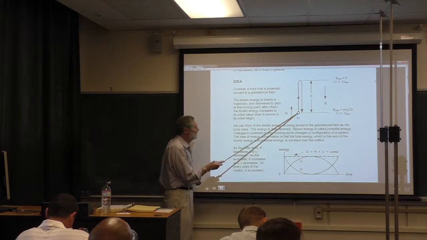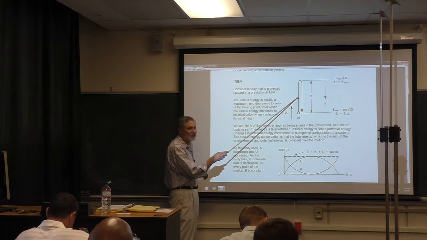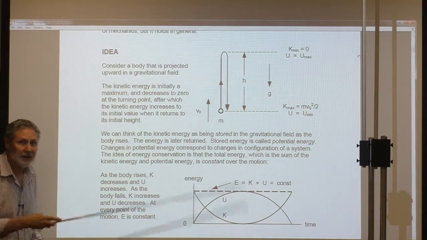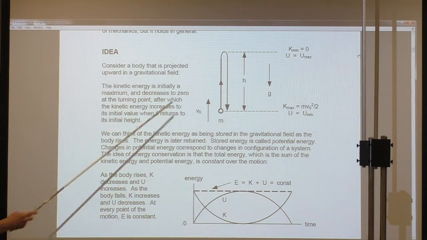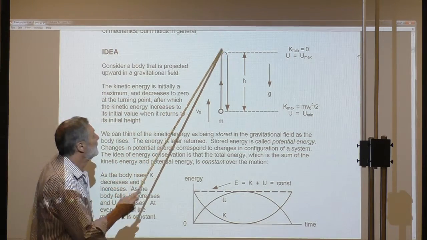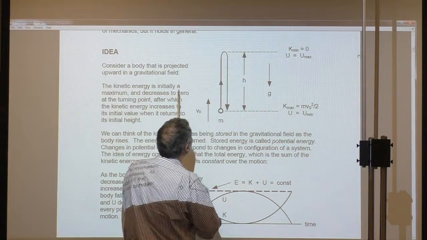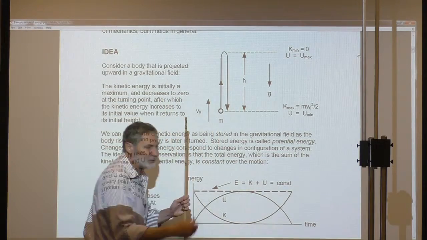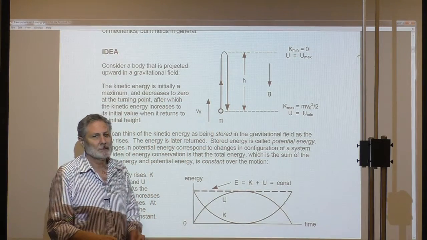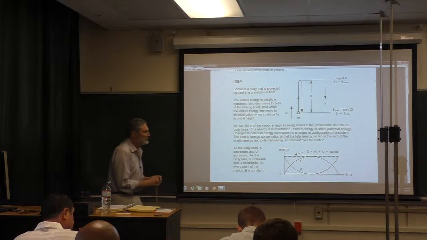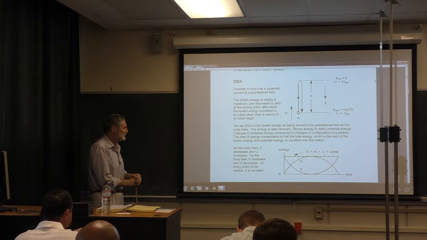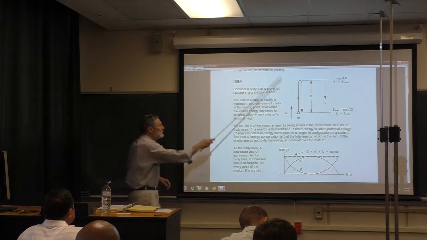What's going to happen to that kinetic energy as the object rises? It's going to get less, right? And in fact, right at the turnaround point here, I've just spread this out. This is really going straight up and straight down. It's not two-dimensional projectile motion, it's one-dimensional motion.